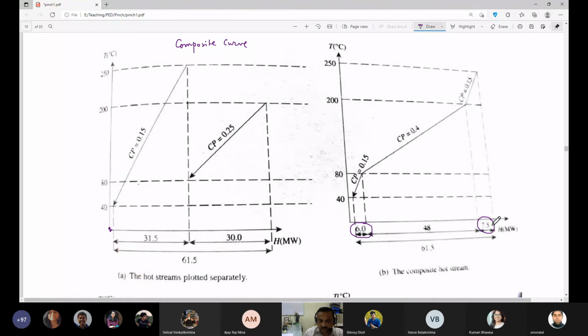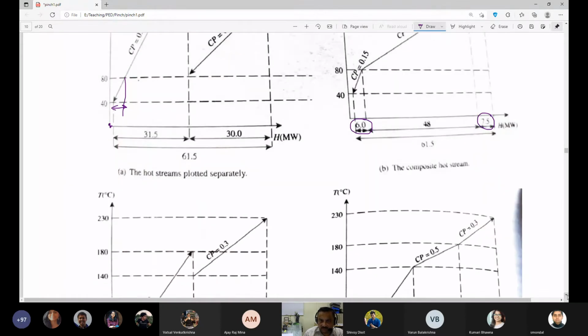If I look at the individual delta H parts, this is equal to 6, this is equal to 7.5, and the common portion is 48, and the total is 61.5. So this is how the composite curve for the hot stream will pan out.